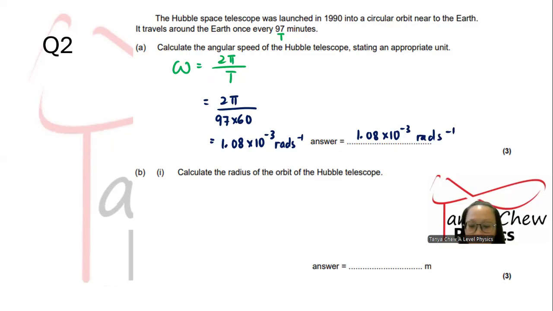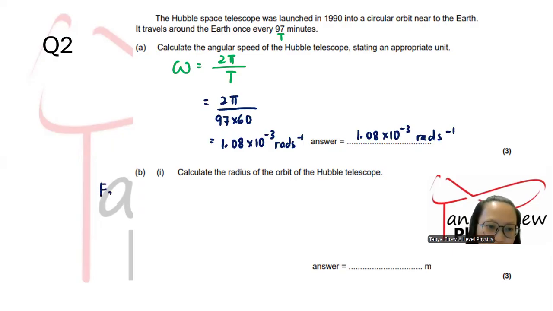That's it. B, part 1, calculate the radius of the orbit of the Hubble telescope. Because this is a 3-mark question, I have to do a lot of things. The telescope is orbiting the Earth, and the telescope itself has a mass. So the force between the telescope and the Earth is called gravitational force.